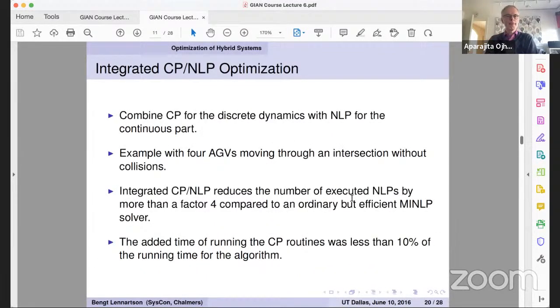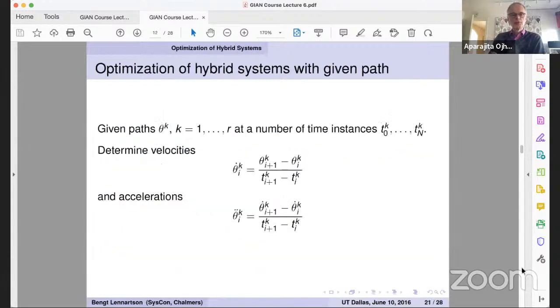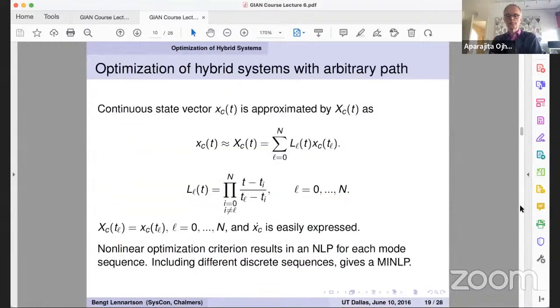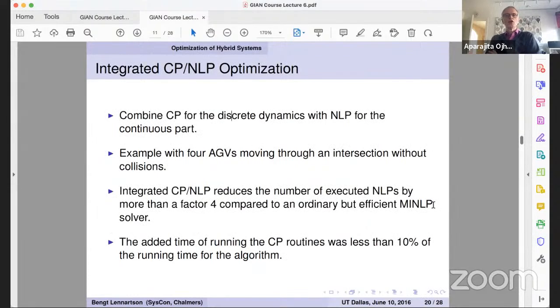But before I come into more comments on that, I should also say that we also had some work where we integrated CP and NLP to get more efficient MINLP solvers. So to combine constraint programming for the discrete dynamics with NLP for the continuous part, that is an interesting aspect.